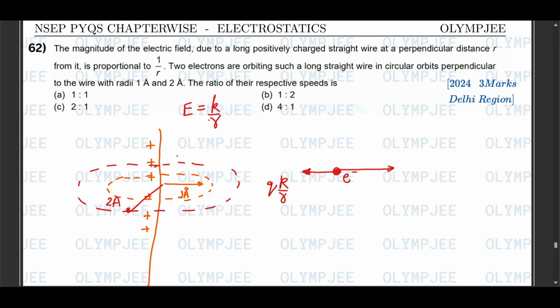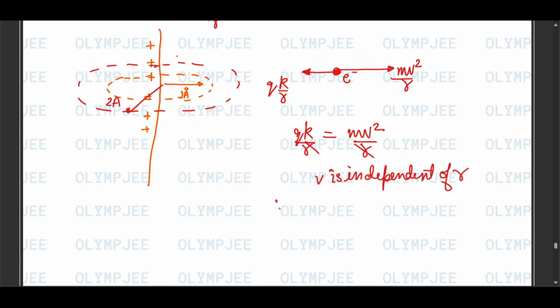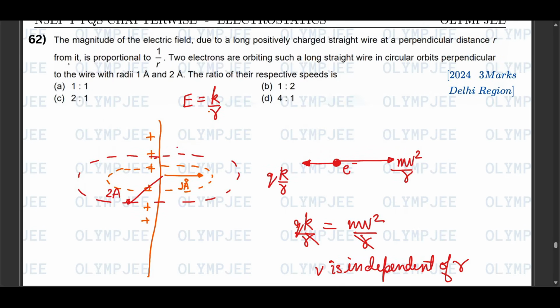And here it will be mv square by r. So equating this we will find that v is independent of r and it will only depend on q and this constant. So this is same for both the electrons, right? So v1 should be equal to v2. So the ratio will be 1 by 1 since it is independent of this 1a and 2a.